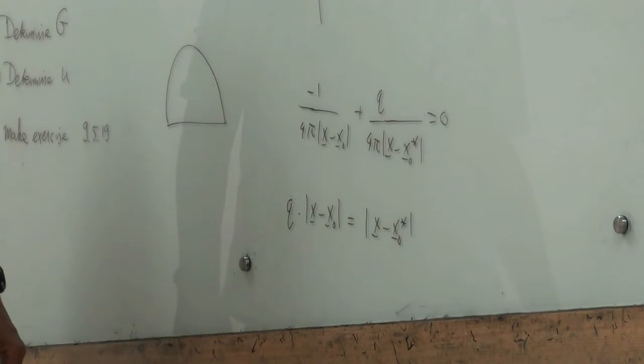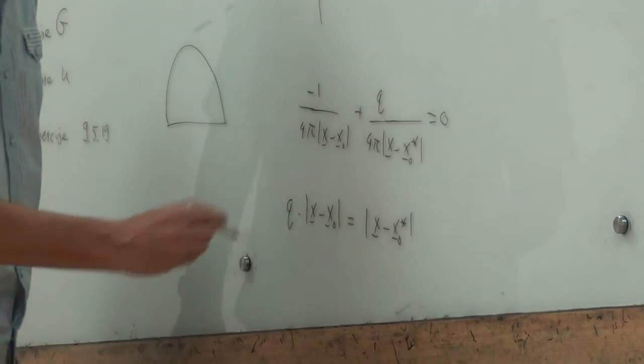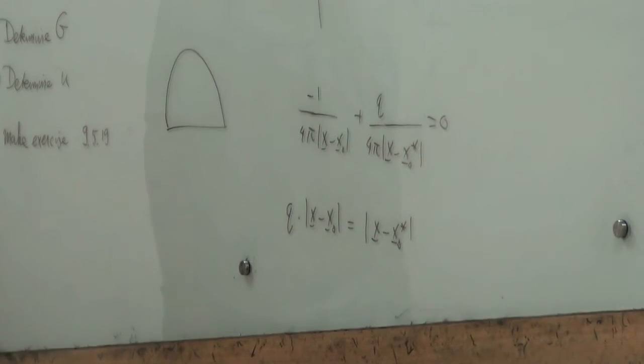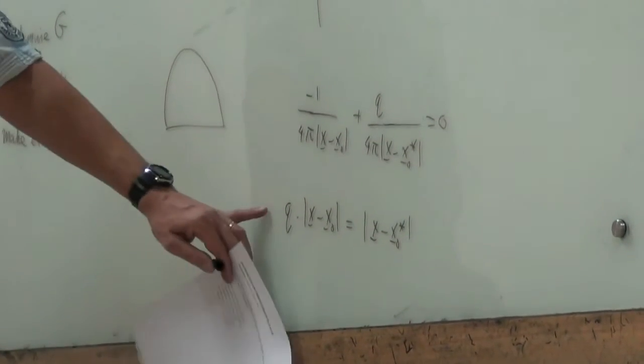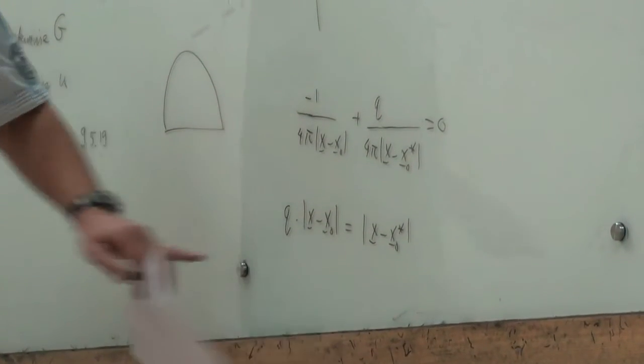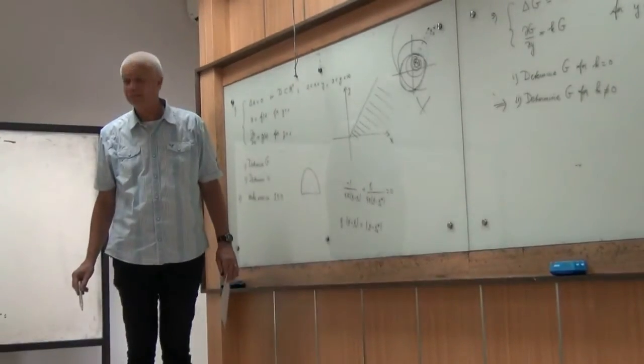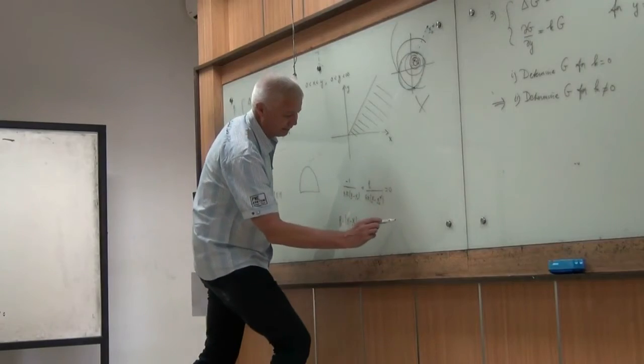And now you should take the logarithm of both sides and divide by 2 pi, and then you construct automatically your Green's function. So if you take the logarithm of both sides, you get the logarithm of q in your Green's function. So if you want to compute it in R2, use R3 and then take the logarithm of this, and then you have also the Green's function for that.